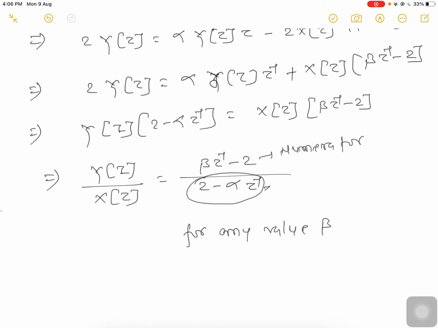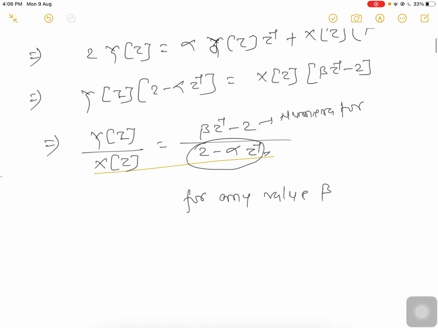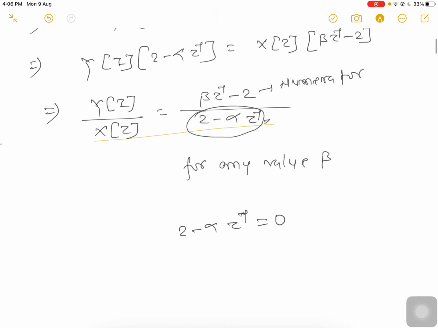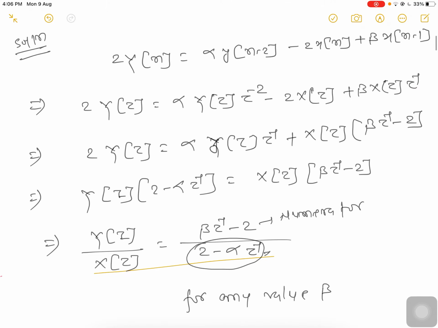For alpha we have to check how much we can take. So 2 minus alpha z^-2 is equal to 0.